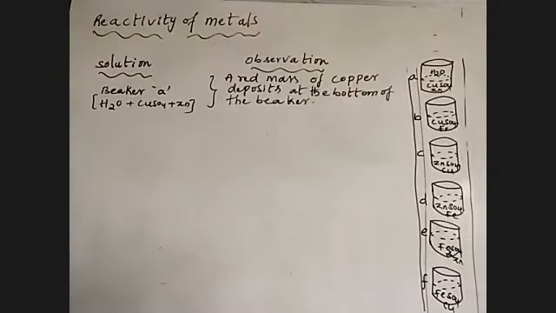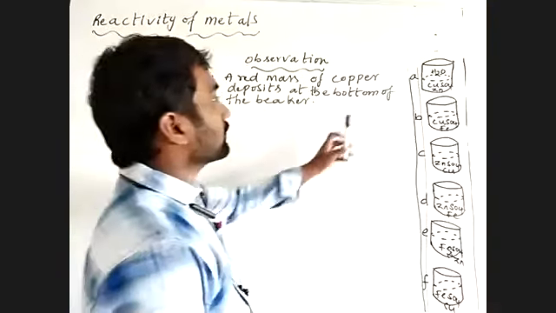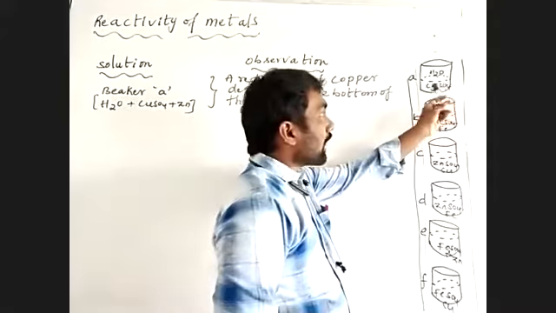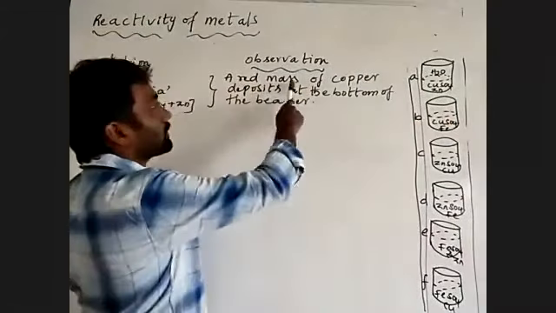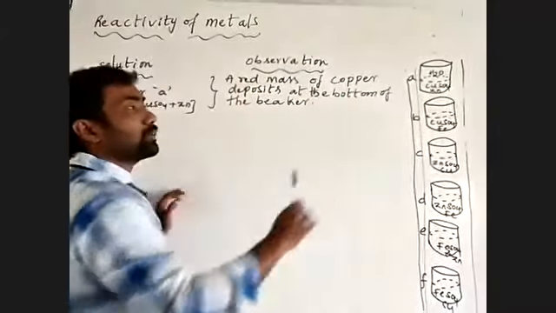See, in the first beaker what happened? Copper is a red color, and the mass of copper is settled at the bottom of the beaker.